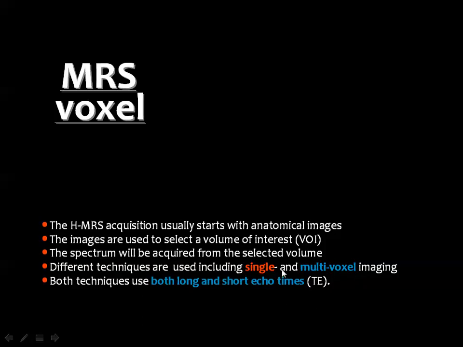Both techniques can be performed at a short echo time and a long echo time, and this is usual while performing the MR spectroscopy. We should have short echo time spectroscopic curves and others obtained with long echo time.